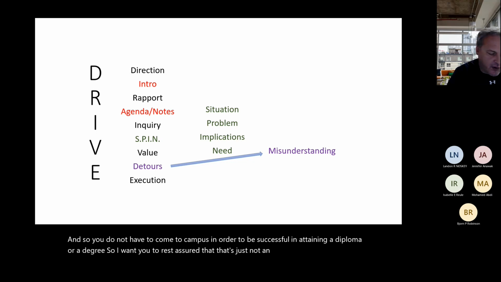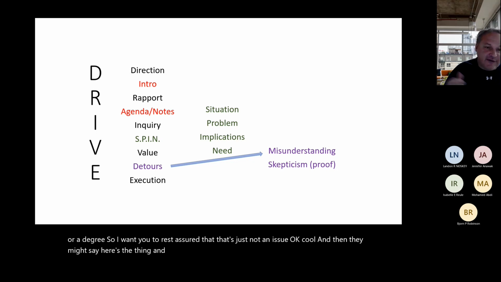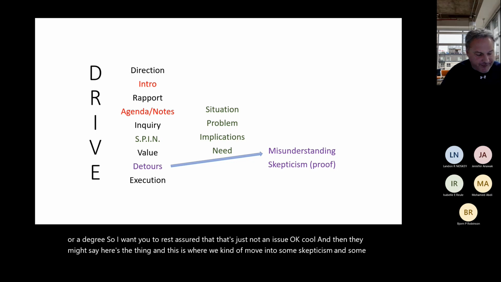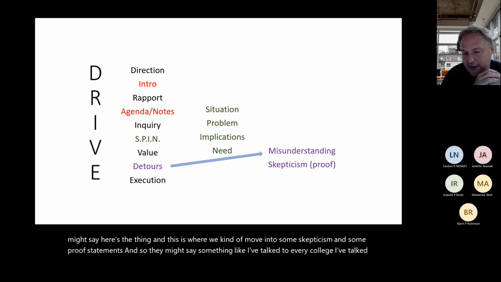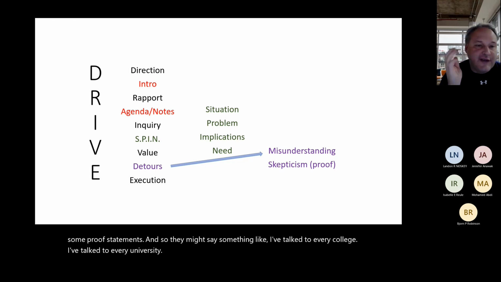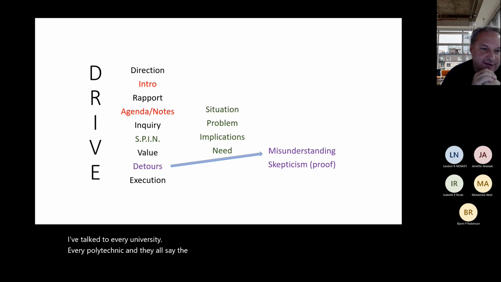Oh, okay, cool. And then they might say, well, here's the thing, and this is where we move into some skepticism and some proof statements. They might say something like, well, you know, I've talked to every college, every university, every polytechnic, and they all say the same thing. They all say they're the best.